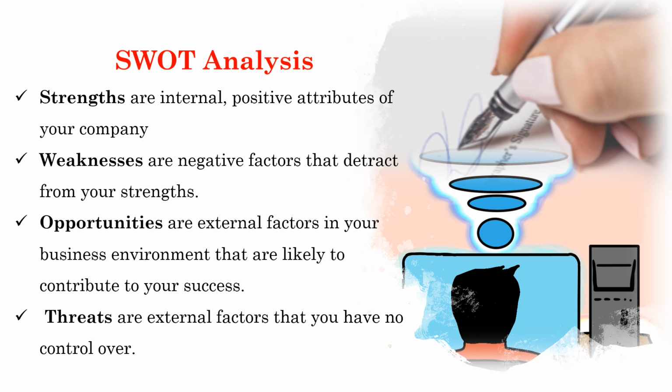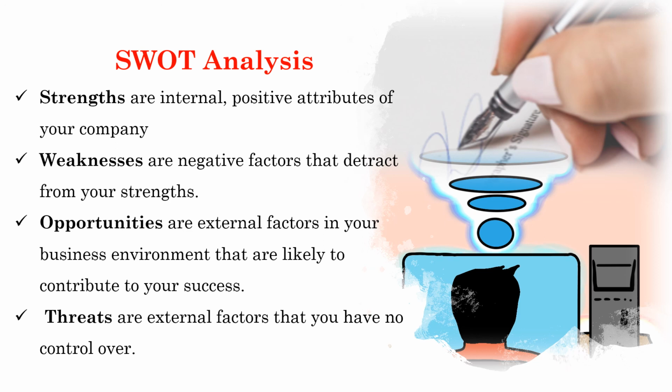And then we also have the threats, which are external factors that are beyond your control as well. So you want to consider putting in place contingency plans for dealing with them if they occur. For example, you have to ask the questions: do you have potential competitors who may enter your market? Will the suppliers always be available to supply the raw materials you need at the prices you need?